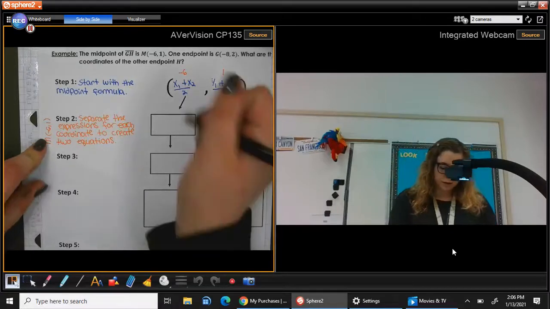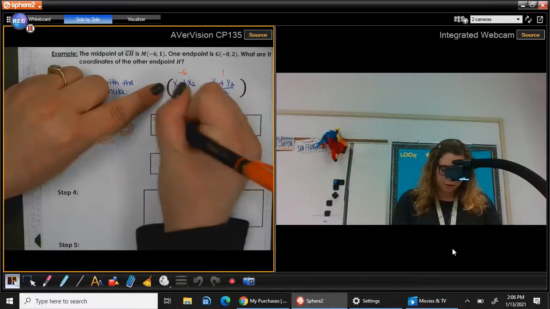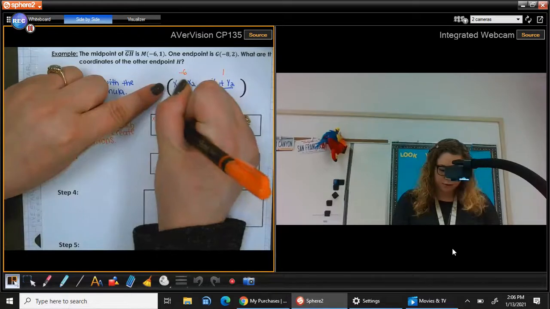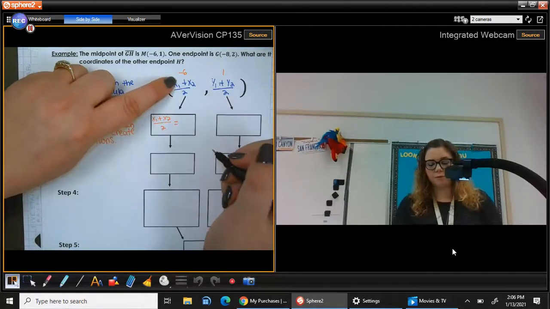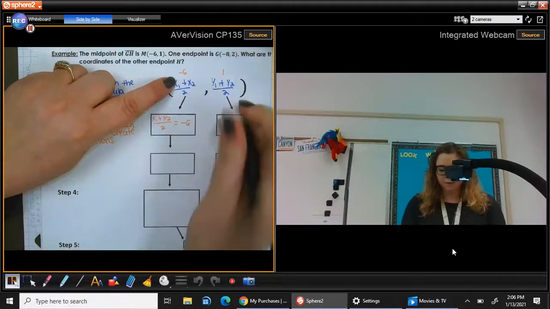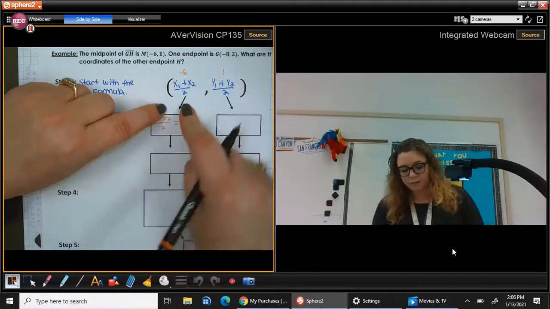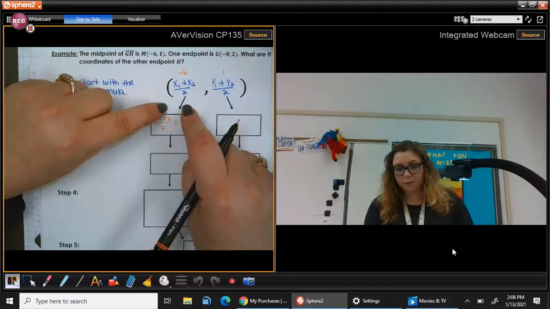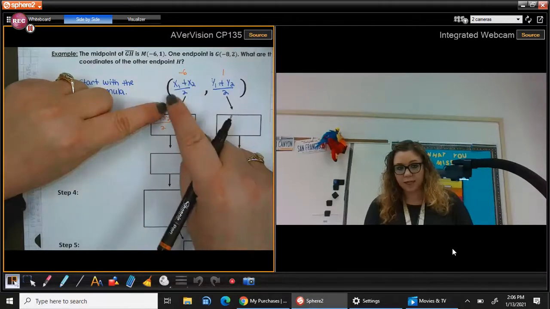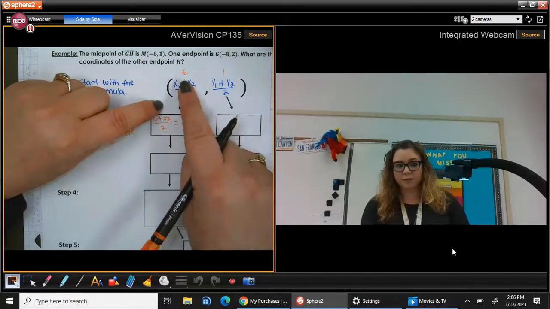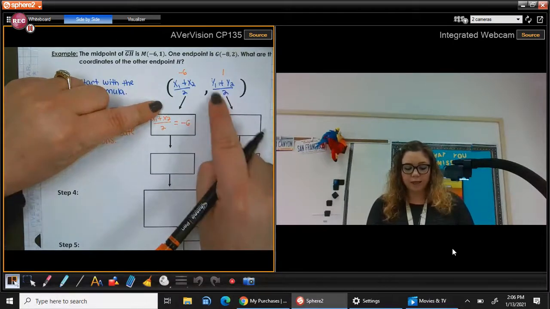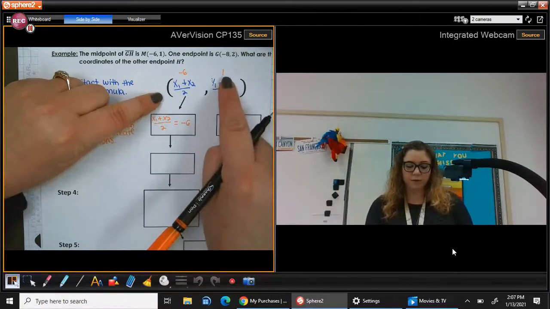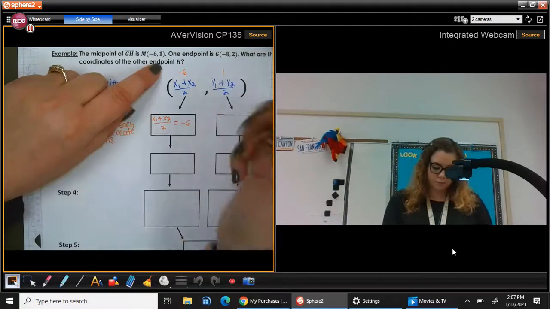Yes. So you're going to take (x1 plus x2) all over 2, and you're going to set that equal to your midpoint x value, which is -6. Same thing with your y value. You're going to take this whole thing and set it equal to the outcome of it, which is going to be 1.